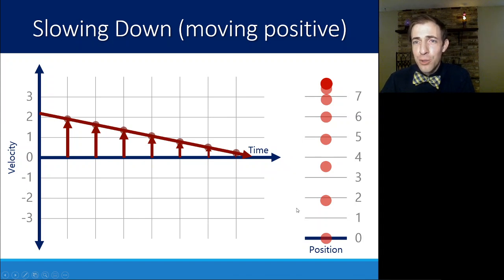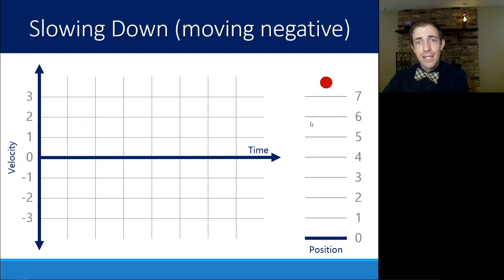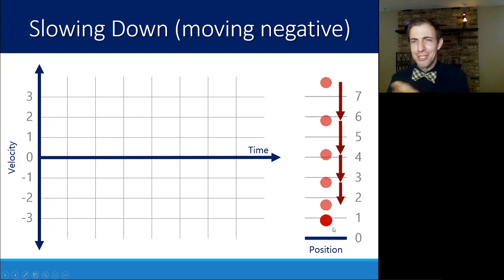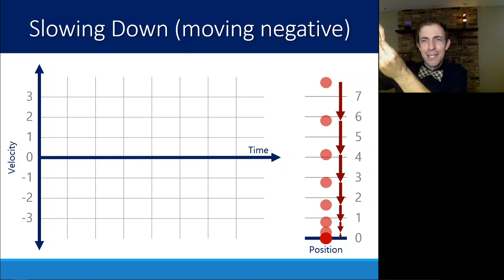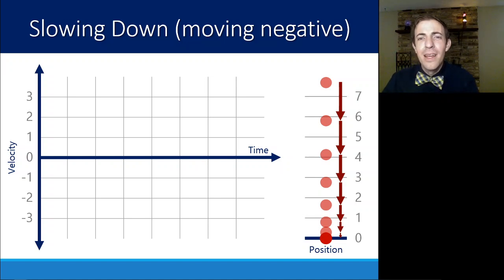I can also show an object slowing down, moving in the negative direction. To do so, it's going to start very positive here and move downward, but at the same time slowing down, which is kind of a weird graph to look at because if we thought of this as a ball falling down, it wouldn't really do that. So maybe imagine that it's an elevator coming to a stop, or a yo-yo, or something on a spring that's eventually settling to a 0 point.